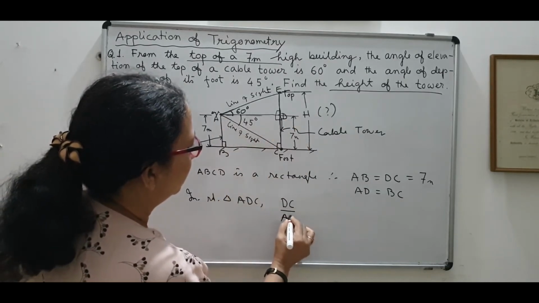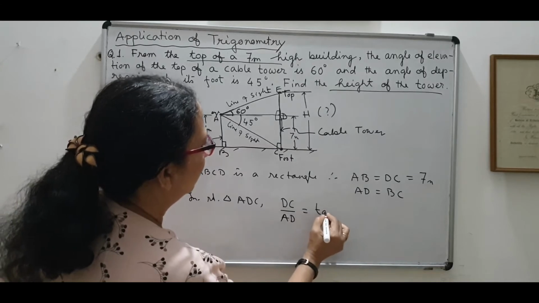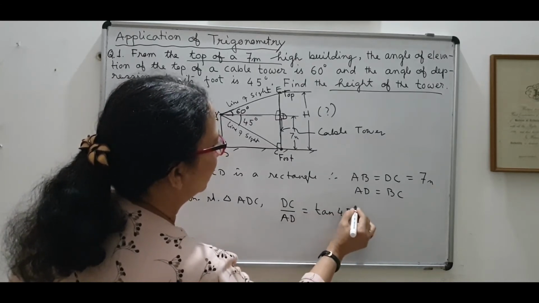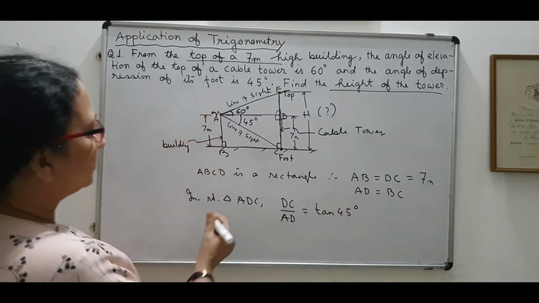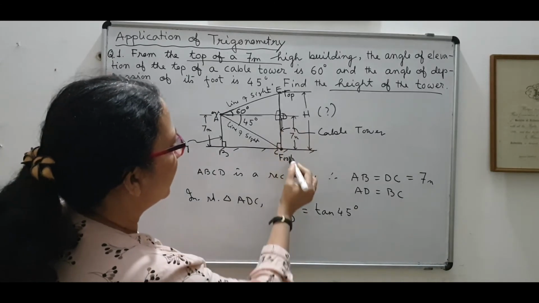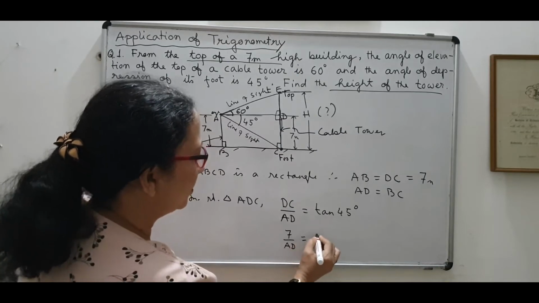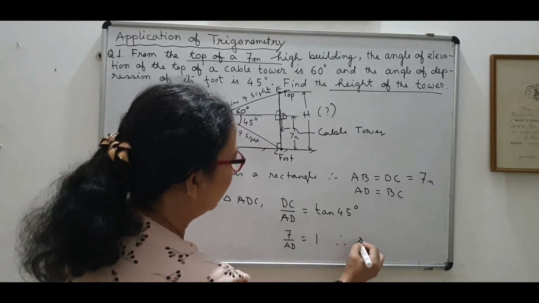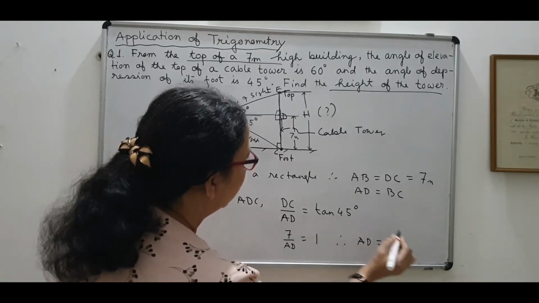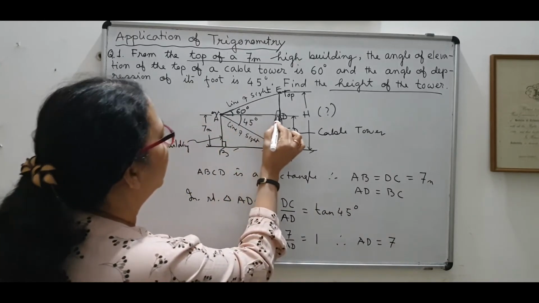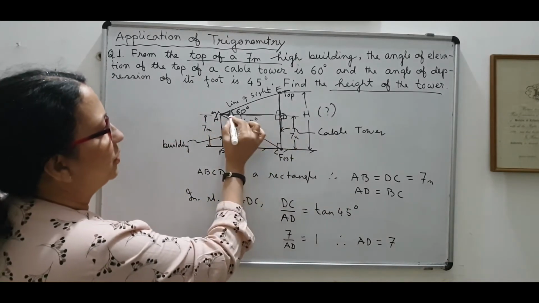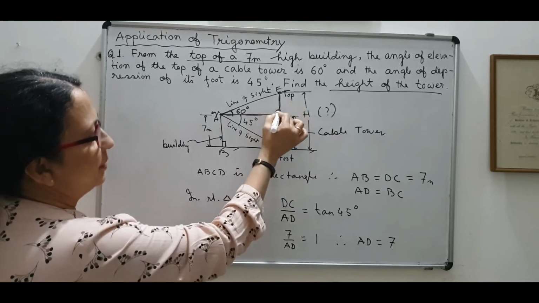DC by AD is equal to tan 45 degrees by the definition. And DC came out to be 7. So 7 by AD, and tan 45 degrees is 1. So therefore AD came out to be 7. So I know this height, I know this angle, so I can very easily find this out.